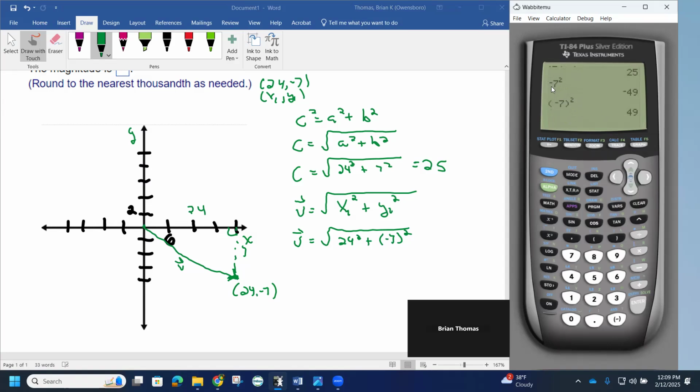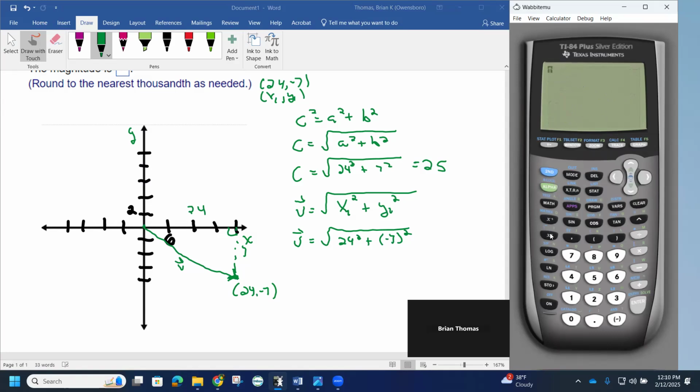The first one actually reads as the opposite of 7 squared. The opposite of 7 squared only squares the 7, which is 49, and then takes the opposite of 49, which is negative 49. So technically, this is not negative 7 squared, it's the opposite of 7 squared. If I want negative 7 squared, you have to put the negative 7 in parentheses and square it on the outside, and it will do it correctly. That's a little bit of formality on the calculator.